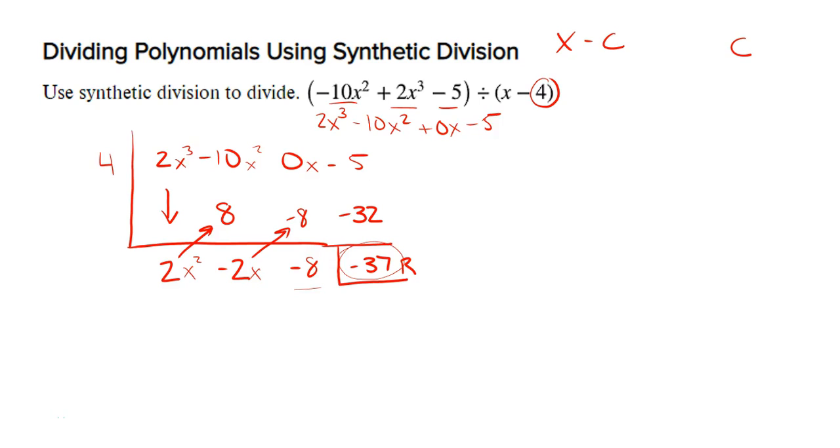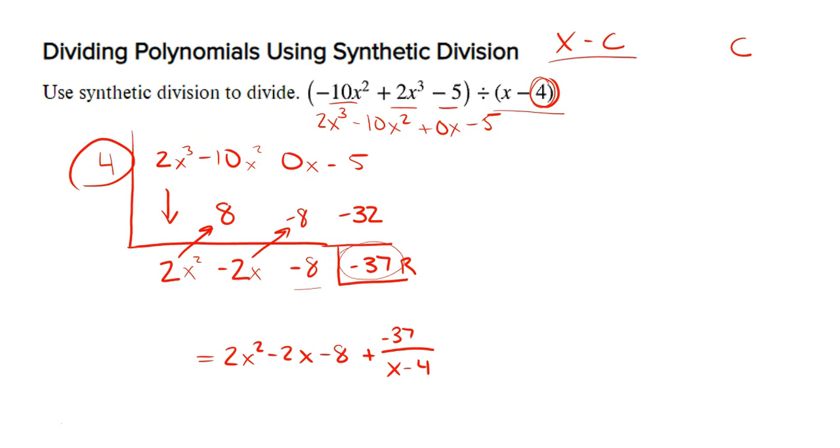And so if we divide these two polynomials, the answer would be 2x squared minus 2x minus 8 plus negative 37 over x minus 4. So the number in front should just be the opposite of this factor. Whatever would make this 0.